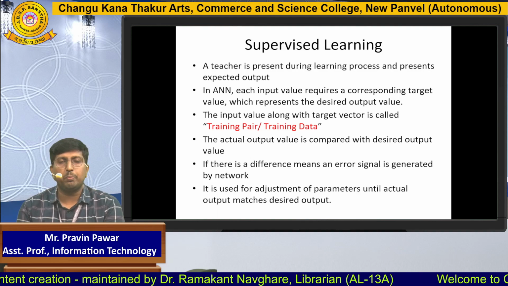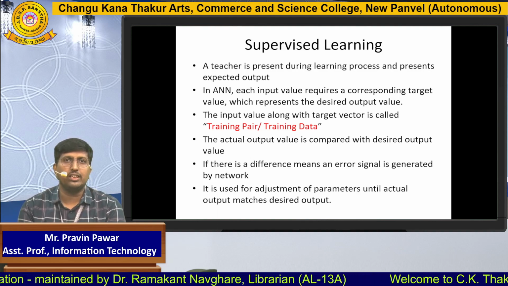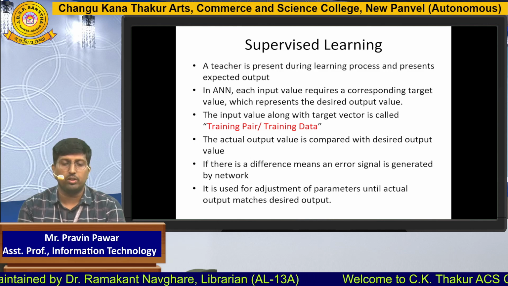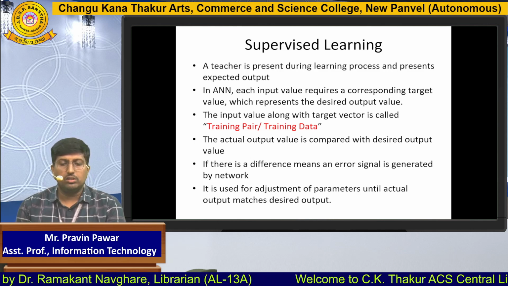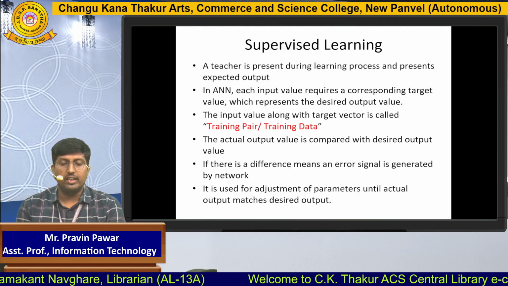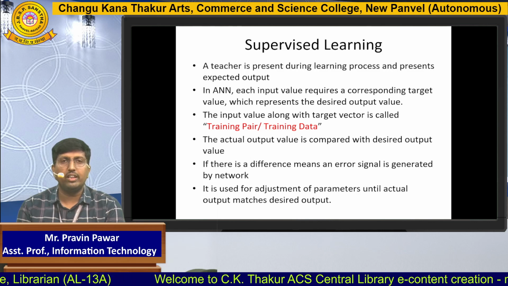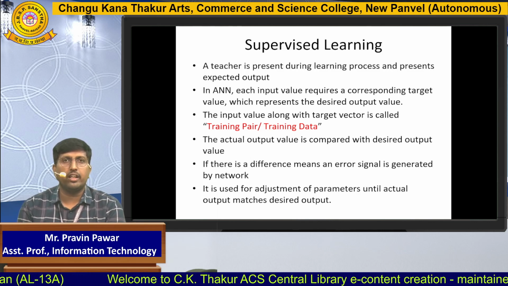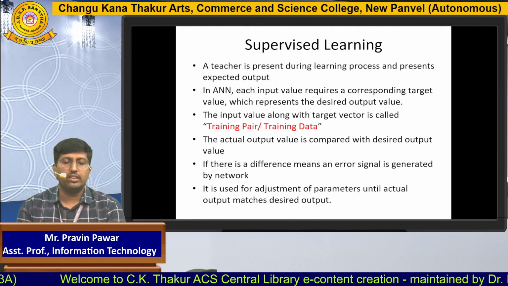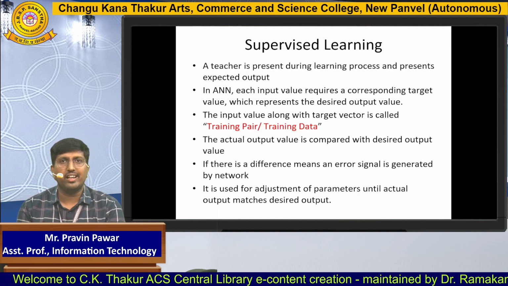What you are expecting from the current situation will be considered as the desired output. Now the input values along with the target vector is called the training pair or the training data. So whatever values you are going to insert into the machines will be considered as the training pair or training data.